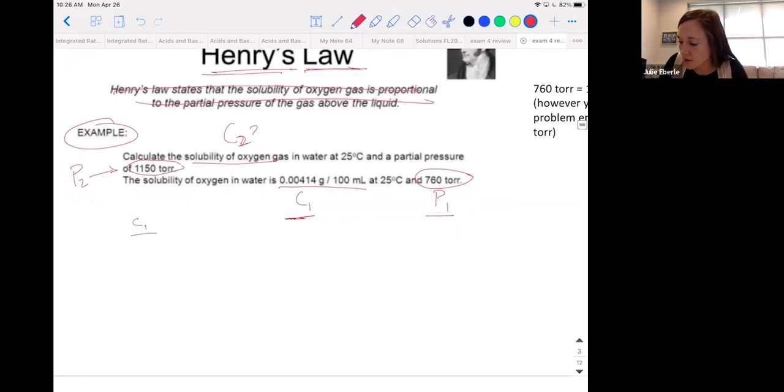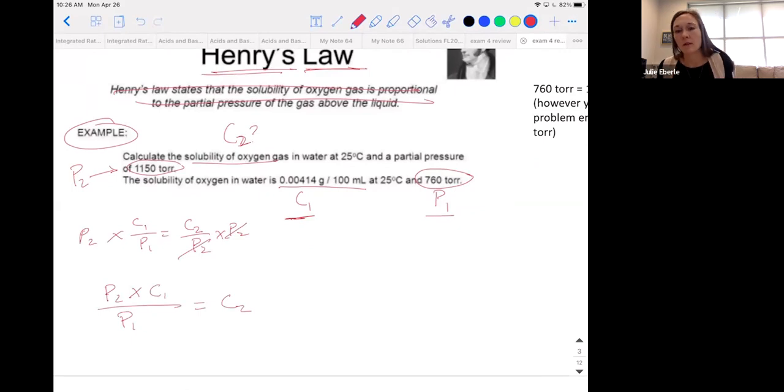So I'm trying to solve for C2. So I'm going to take my equation, and I'm going to multiply both sides by P2 because I'm trying to isolate C2. So P2 times C1 over P1 equals C2. Okay, so now we just plug everything in.